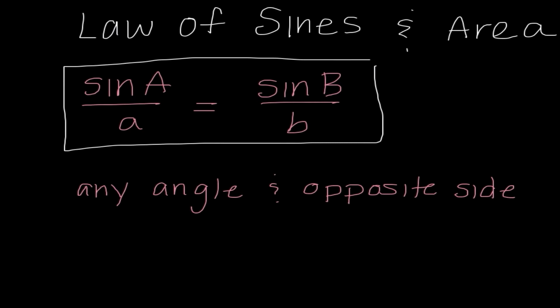And just like in law of cosines, we know that we could use any angle I want as long as I use its opposite side. Okay, so we don't need to memorize equals sine of C over C equals blah, blah, blah. I just need to know it is the sine of any angle divided by its opposite side.